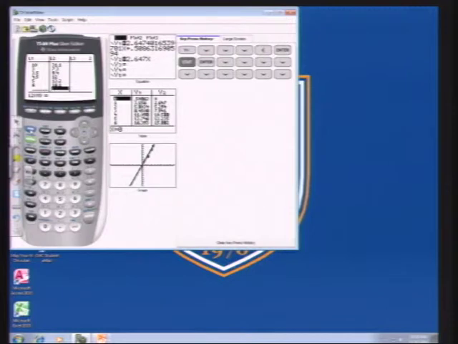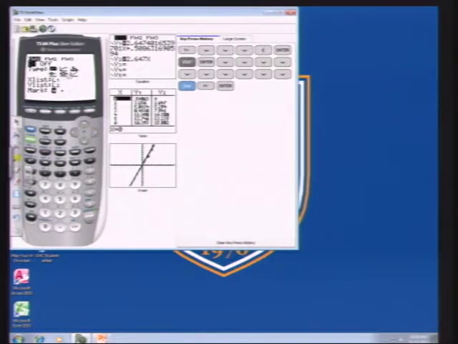To look at the graph, go to second and y equals. And if your scatter plot is not on, go ahead and hit enter to turn it on. And you can choose the different kinds of graphs that you want. Right now we don't want a histogram, and we don't want our points connected.